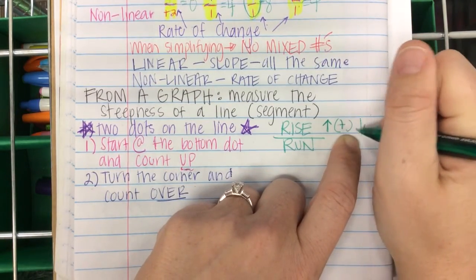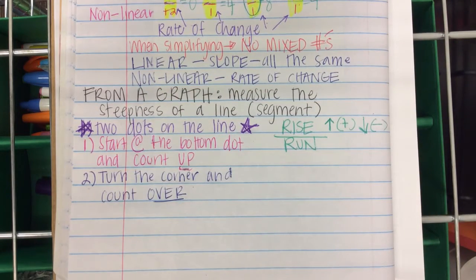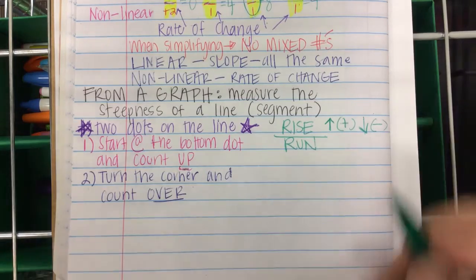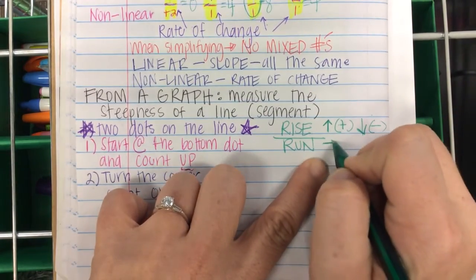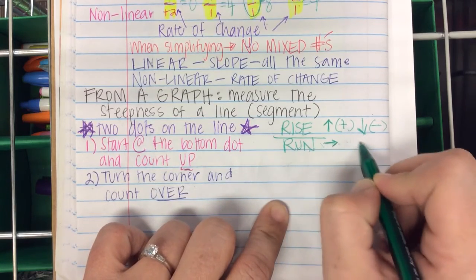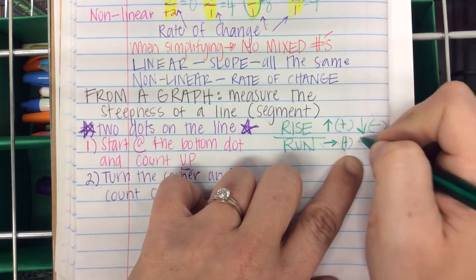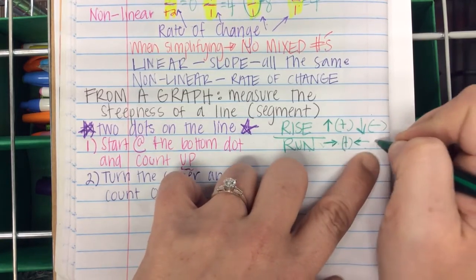If you ever go down, it's a negative number. That makes sense, right? Going up is positive, going down is negative. If you go up and then you turn the corner to go to the right, that's a positive number. What if you go to the left? Negative. It's a negative number.